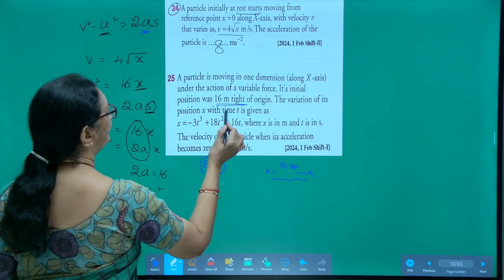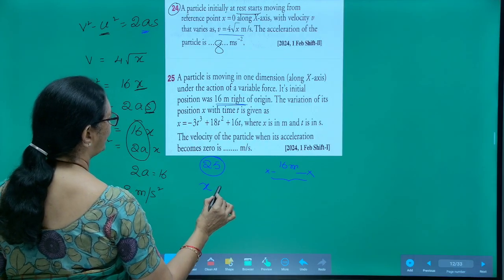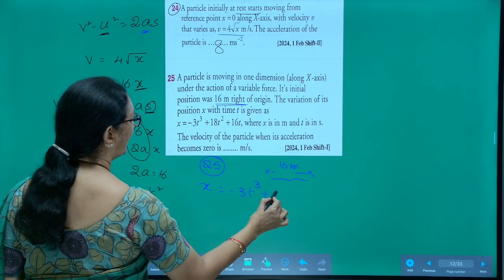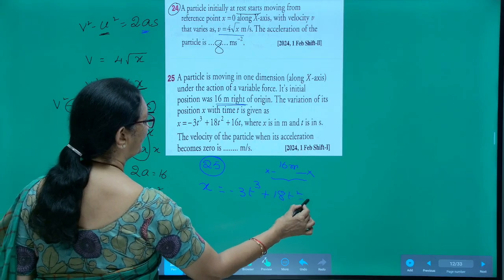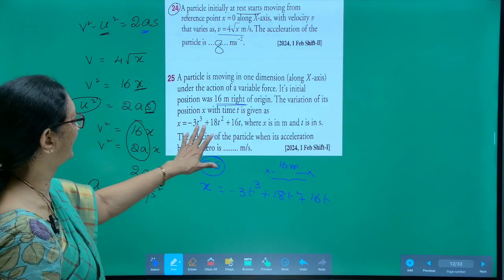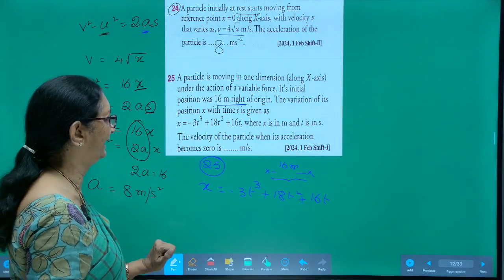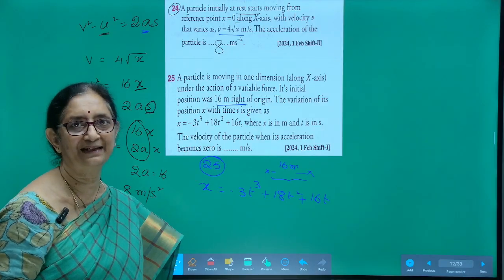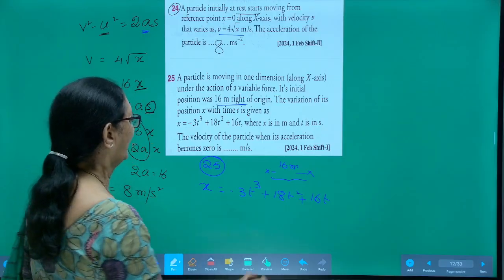The variation of its position with respect to time is minus 3t cube plus 18t square plus 16t, with respect to the origin. We need the velocity of the particle when its acceleration becomes equal to 0.